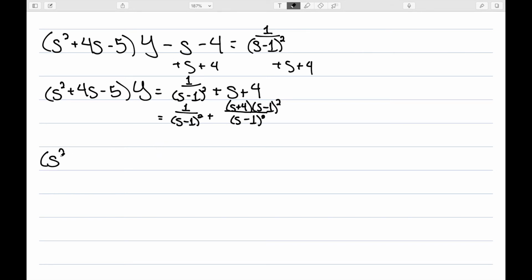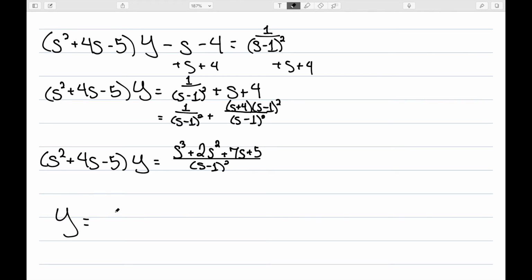And so we have s squared plus 4s minus 5 times Y. Once we multiply out and simplify the right-hand side, we get s cubed plus 2s squared plus 7s plus 5 over s minus 1 squared.